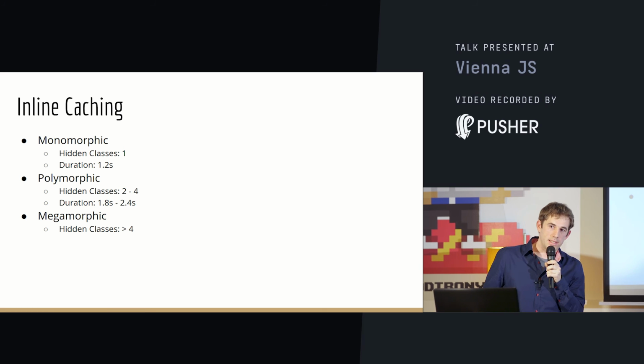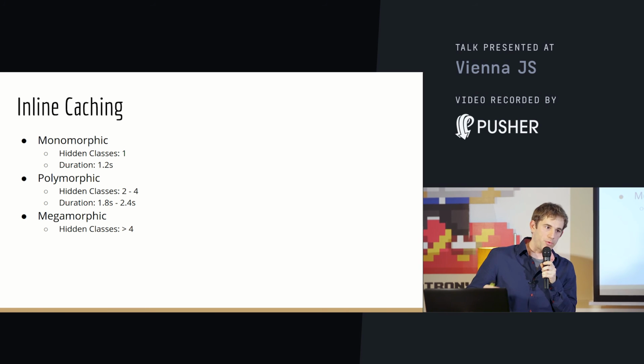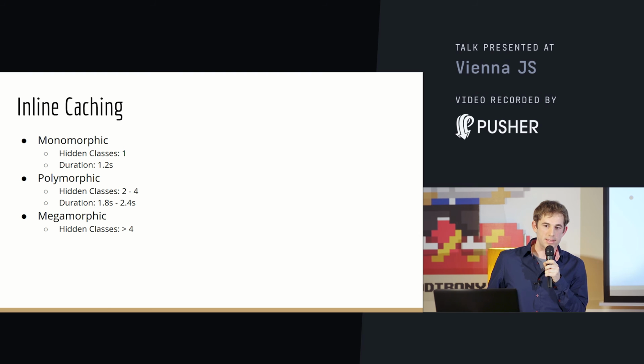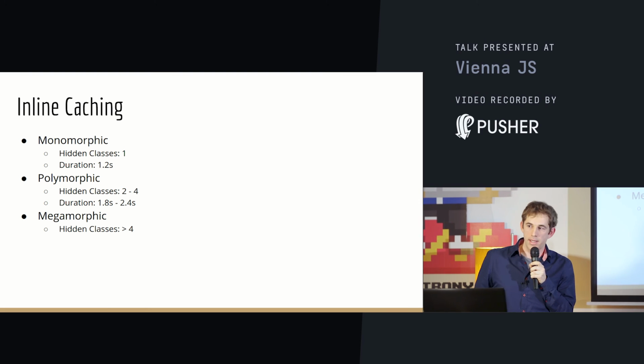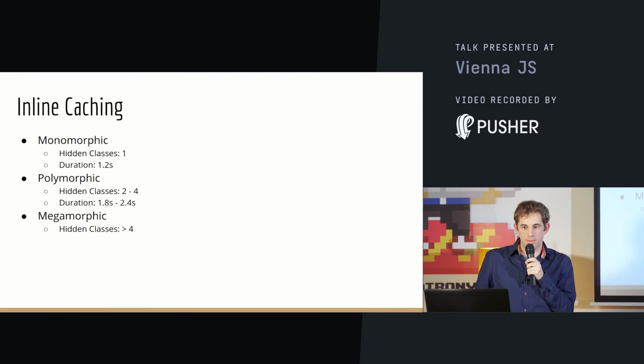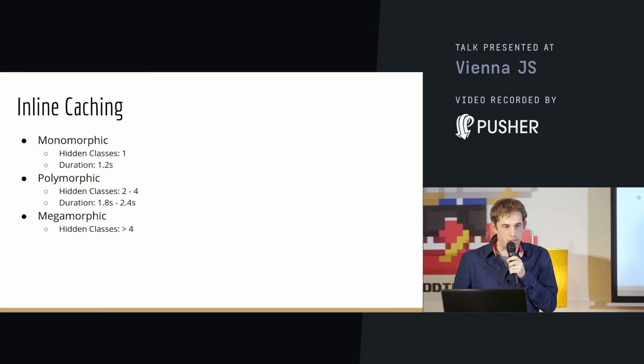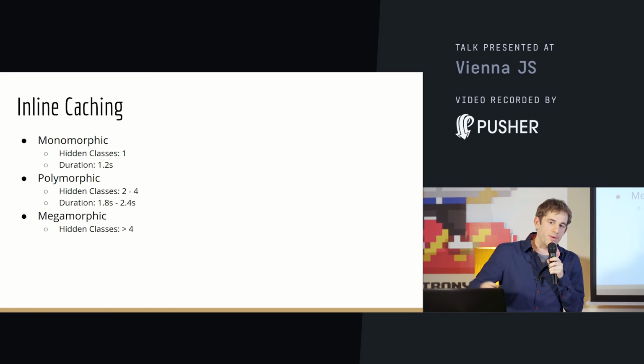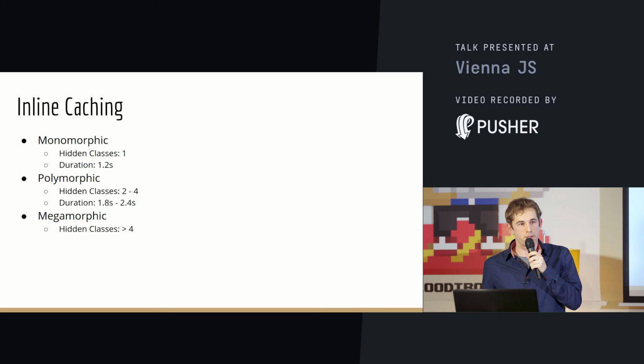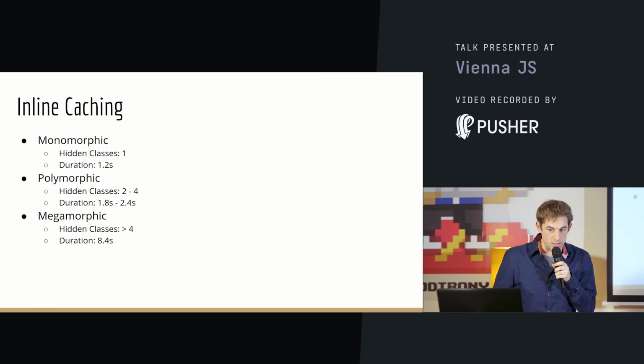What's done here is that it actually really remembers the first 4 hidden classes that are passed, but for all the other ones, it has to look up the properties in a more global map. So it still does not need to search for the property every time. There is a map where this is all stored, but still this lookup method is quite expensive. And as we have seen, this is where we went up from 2.4 seconds to 8.